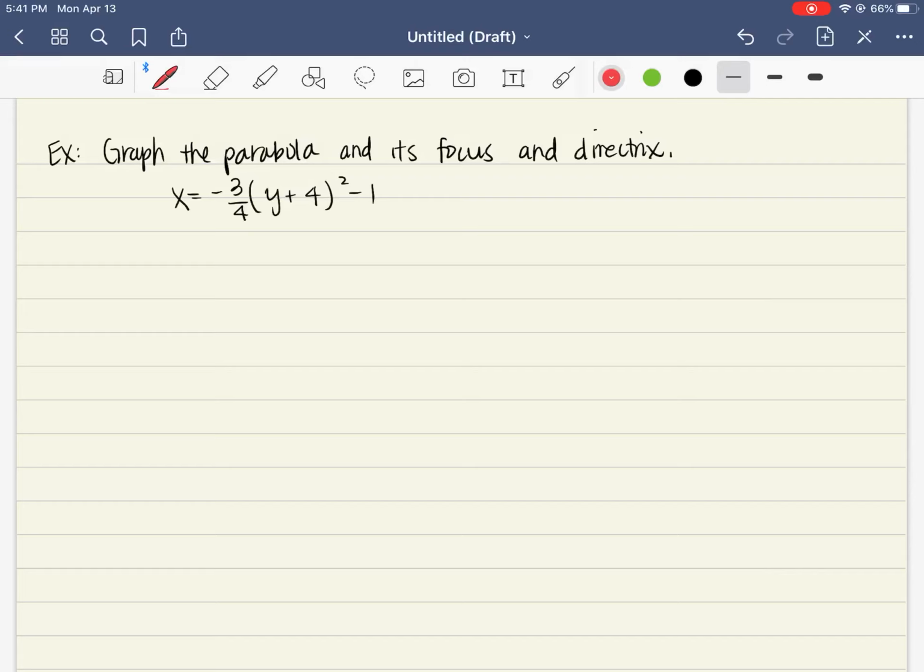Okay, so the first thing that we're going to do is identify maybe the vertex. If I want to graph this, maybe I should draw my graph. Let's do that. All right, here we go. Again, you're looking at the things that you need.